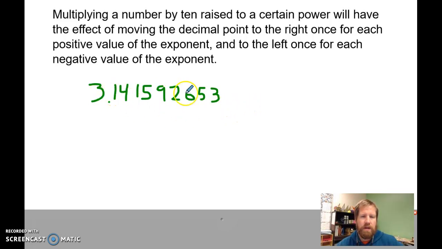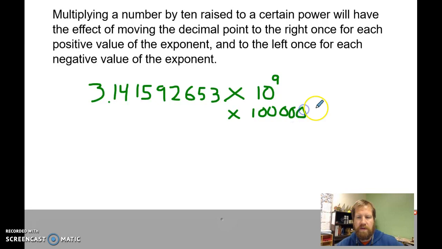And if we want this to be a larger number, we could multiply this by 10 to the, let's go 9th, okay? Times 10 to the 9th. Okay, so that's basically going to have the same effect as multiplying it by 1, 2, 3, 4, 5, 6, 7, 8, 9 zeros, right? These two numbers are equivalent.